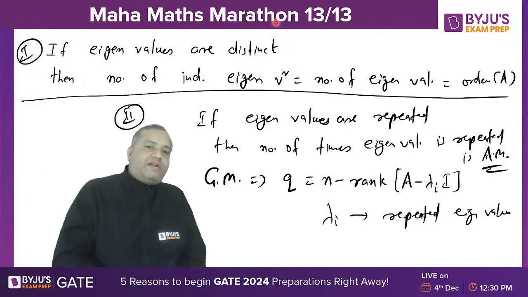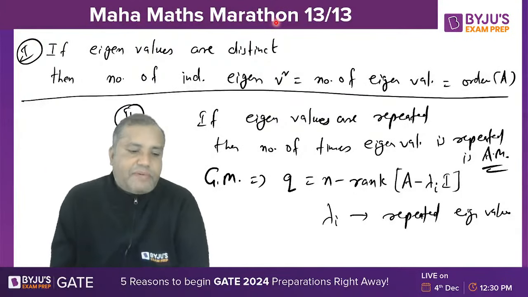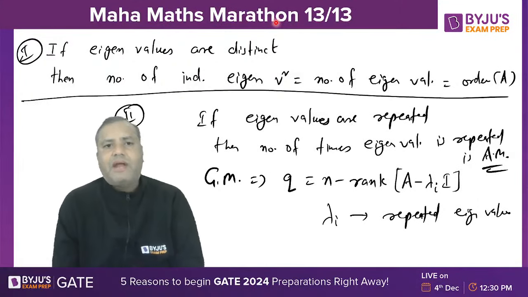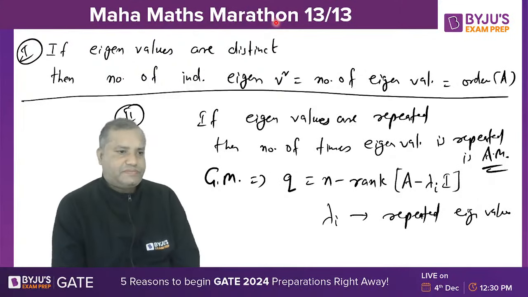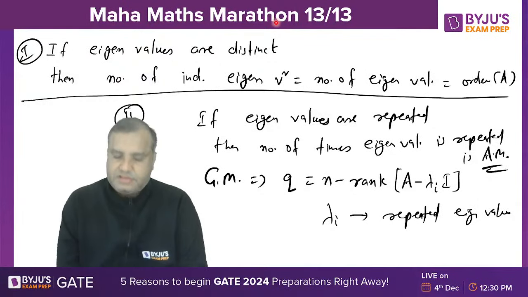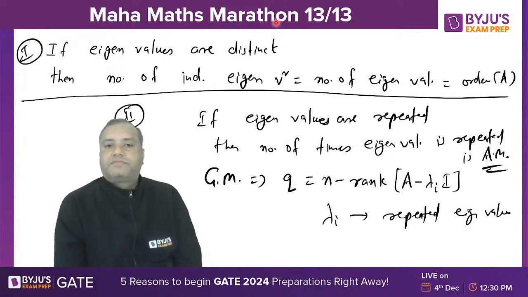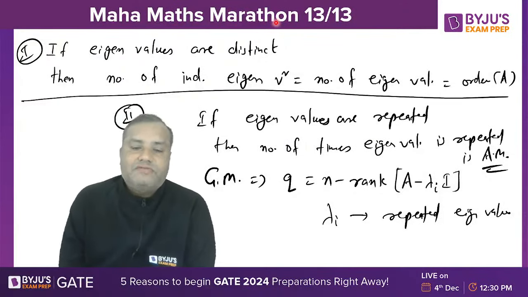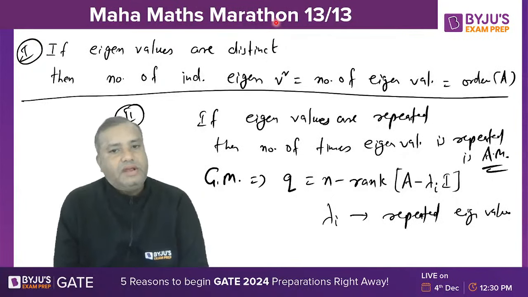So if you have a matrix in which the number of independent eigenvectors is equal to the number of eigenvalues, then that matrix can be diagonalized. If the number of independent eigenvectors is not equal to the number of eigenvalues, then that matrix cannot be diagonalized.